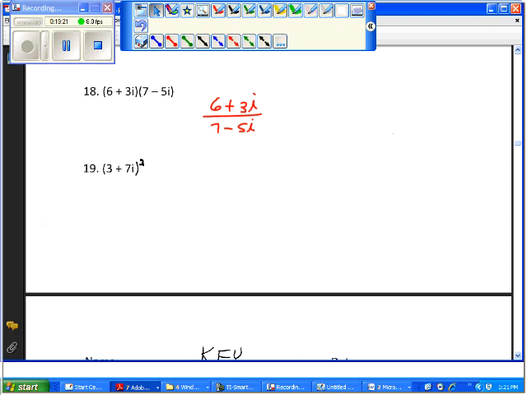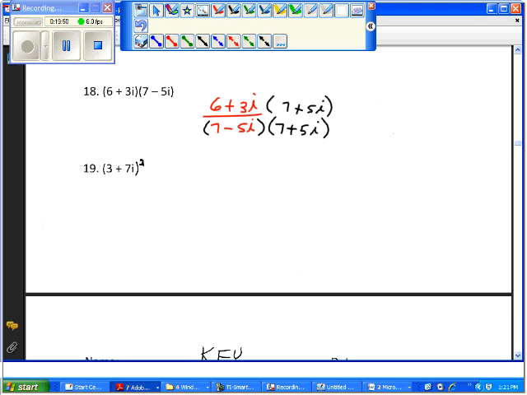We multiplied by the binomial conjugate. So if we multiply by the complex binomial conjugate, we don't change the i. We only change the minus to a plus.